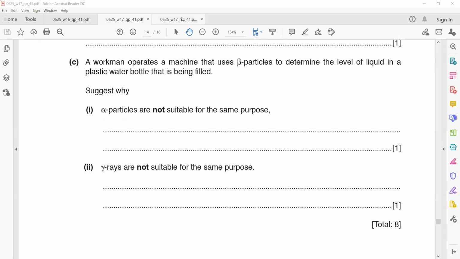Now, a workman operates a machine that uses a beta particle to determine the level of the liquid in a plastic water bottle that is being filled. So how are they determining the level? Say this is a plastic bottle which is filled with water.